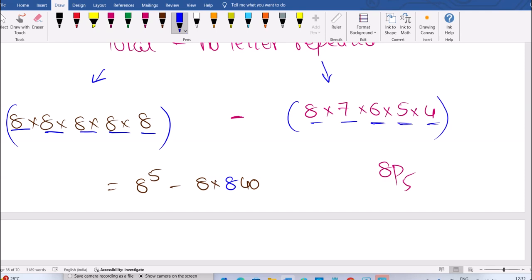I can take 8 common in both: 8 into (8 power 4 minus 840). 8 power 4 is 64 into 64, or we can say 8 power 4 is 2 power 12. 2 power 12, what's that? 4096.